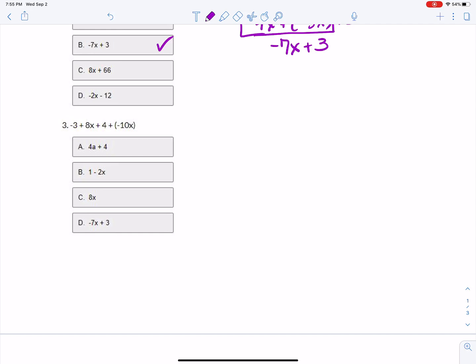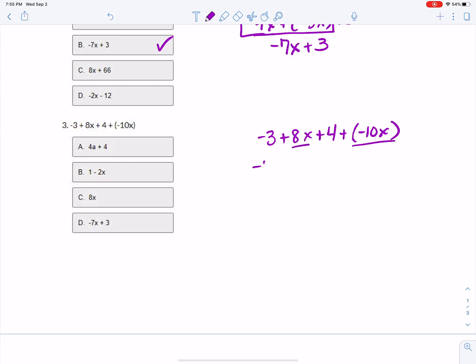Number 3, when I rewrite this, I will make sure to arrange it so that all of the like terms are together. So this is a plus. I know that looks terrible. You should be able to see it, but just in case. I'm going to arrange these two together.